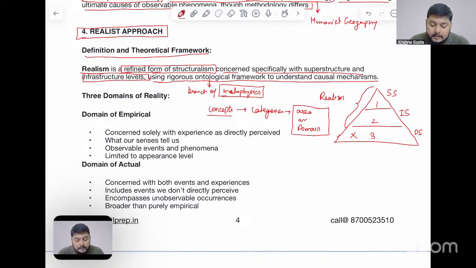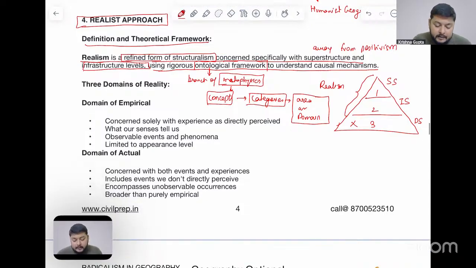So the metaphysical is taken into consideration, which is again away from positivism. This is one important aspect we need to understand in the realist approach.